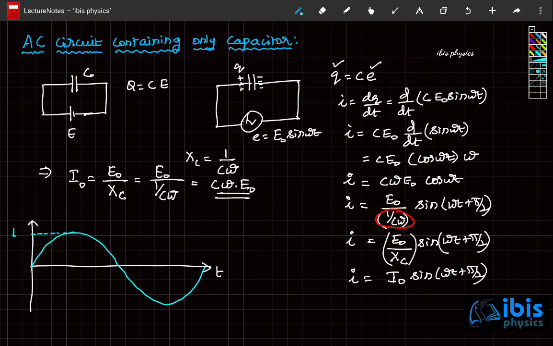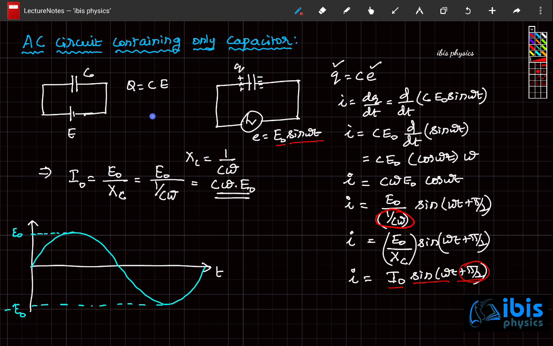So this one is E naught, this one is minus E naught. And how is the current going to change? I is equal to I naught sine omega t plus pi by 2. The applied one is E naught sine omega t, and the current we got is sine omega t plus pi by 2. Plus pi by 2 means the current is ahead by 90 degrees.